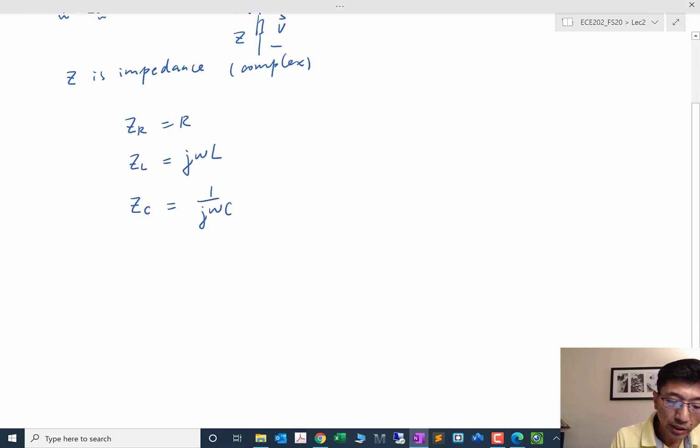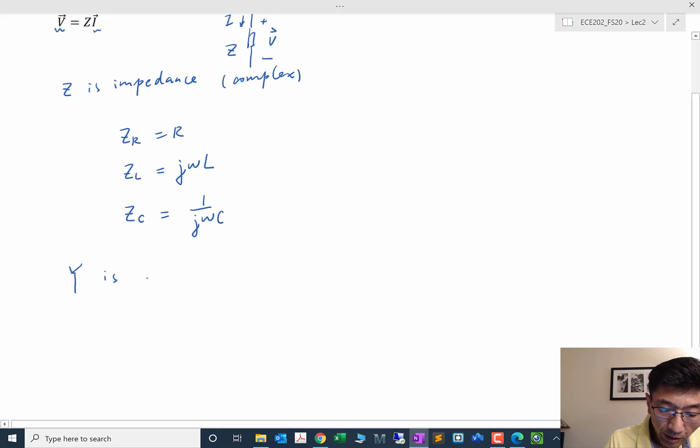And also we have the concept of Y called admittance. I didn't put this in the Google Colab notes, but we're going to introduce admittance. We're going to talk about admittance in the S domain as we go to Laplace transforms.